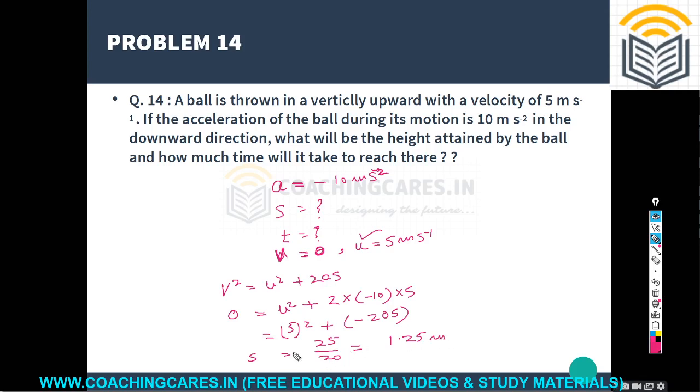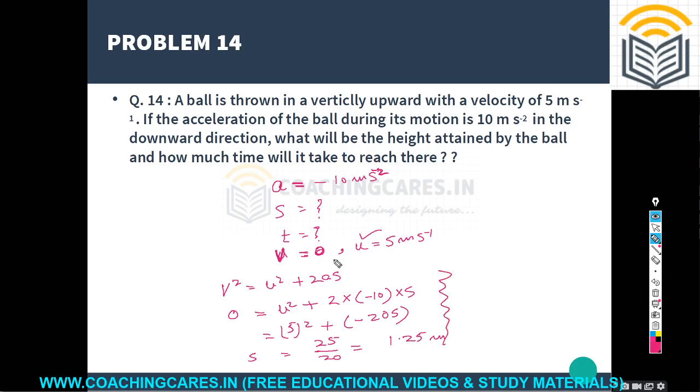So that will be the height the ball will achieve. The maximum height is 1.25 meter. So like this we'll solve all the problems.